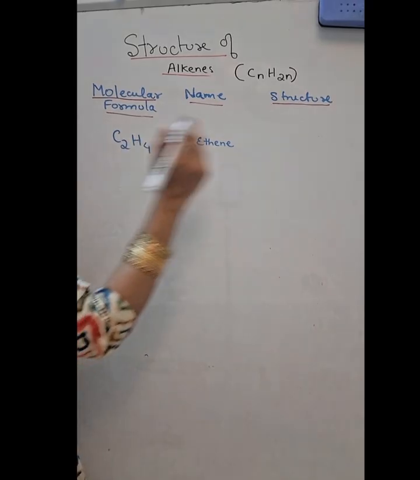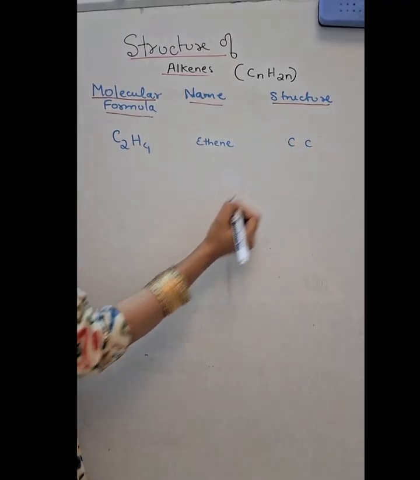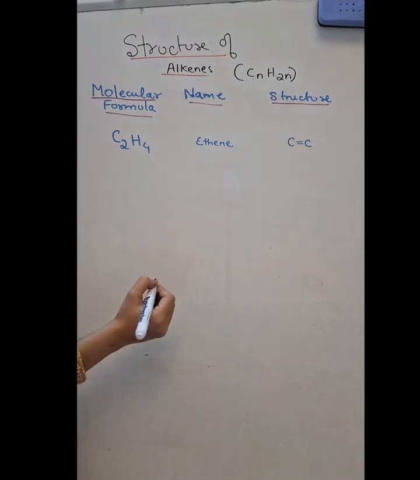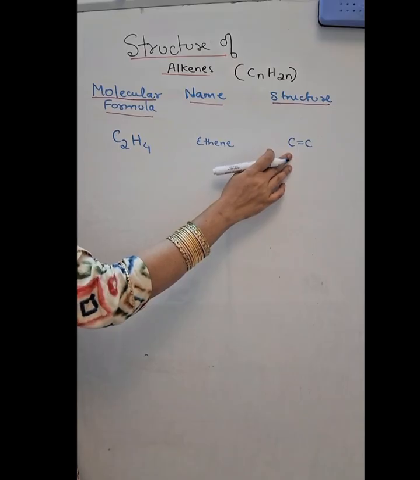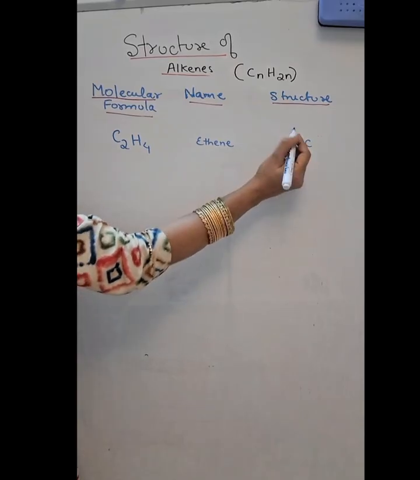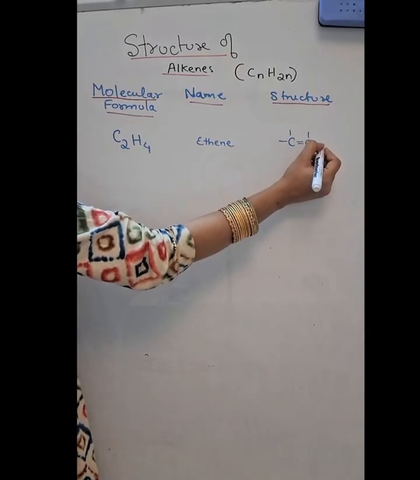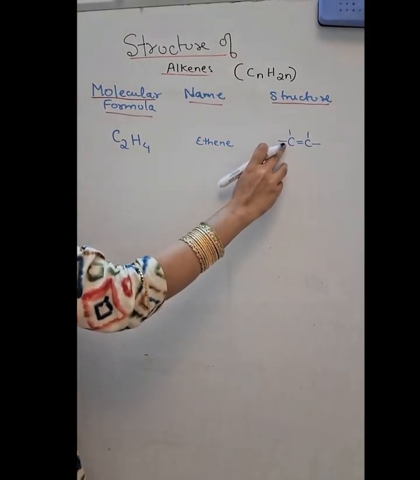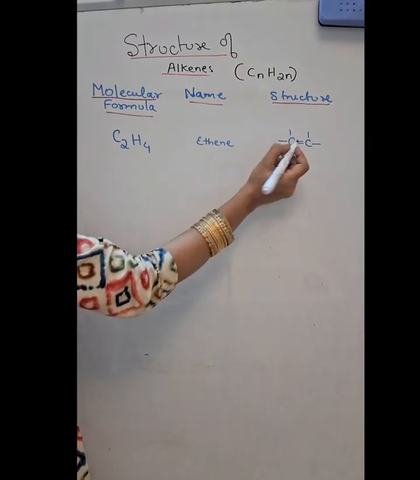So it is 2-carbon, so we will write 2 carbons, and then we will draw a double bond between these 2 carbons. So this is the difference between alkane and alkene. Alkane has a single bond, whereas alkene has a double bond. Now the rest we will satisfy. In our alkane class, we have already mentioned that each carbon has 4 bonds.